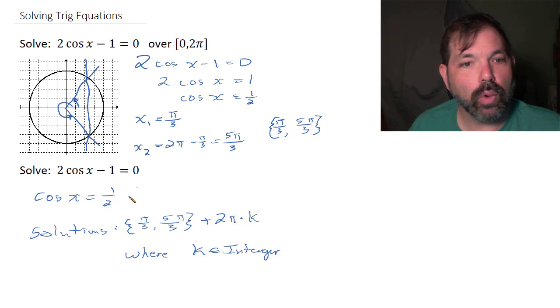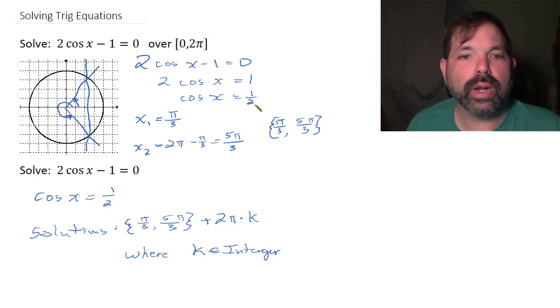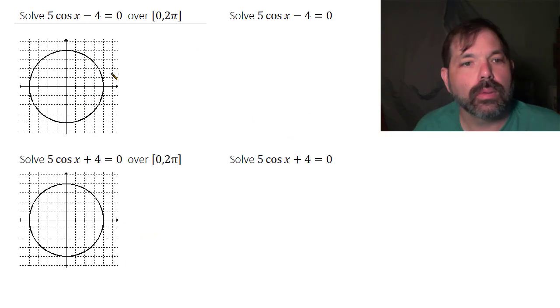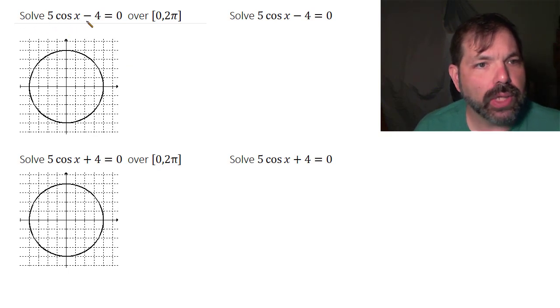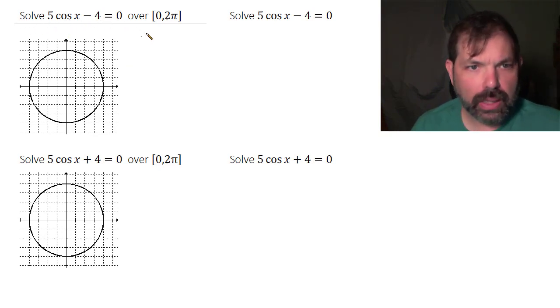So in this example, the cosine being 1/2 was one of our nice numbers. What happens if we don't have nice numbers? Let's consider some examples. So what if we had the example 5 cosine x minus 4 equals 0, and again let's consider over 0 to 2 pi.